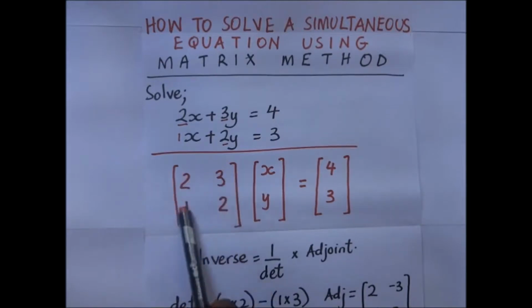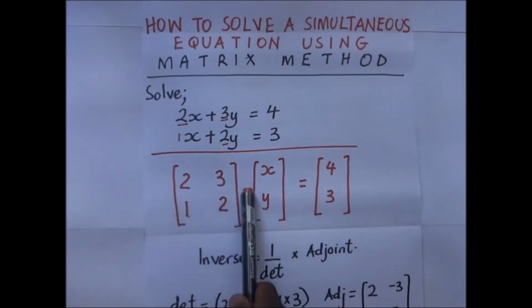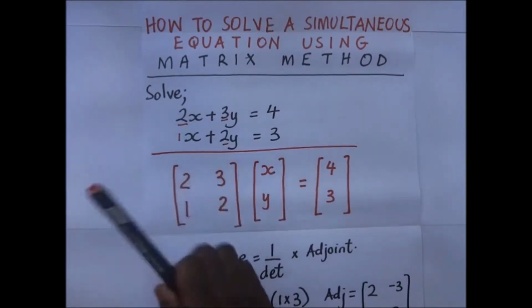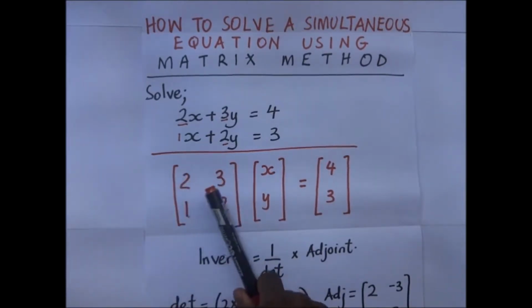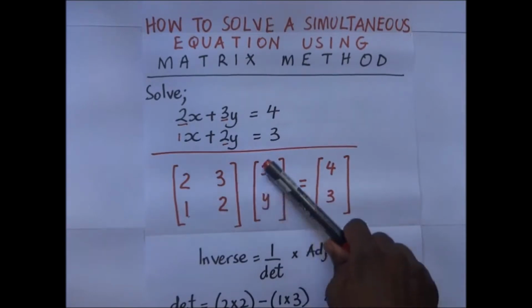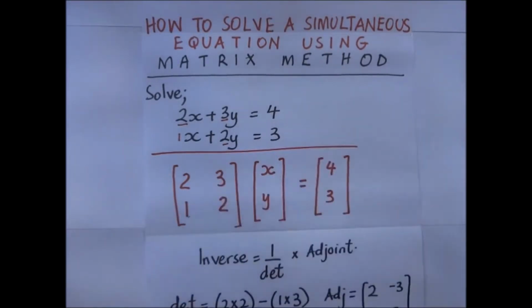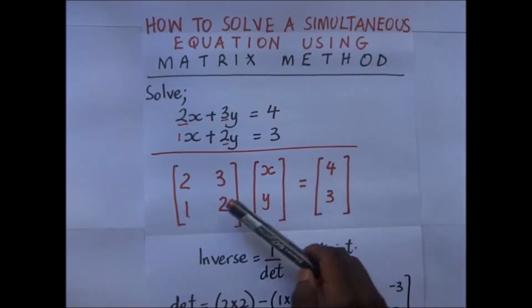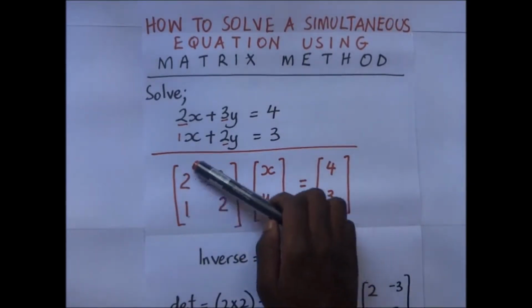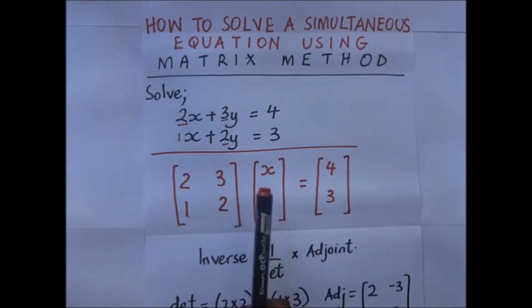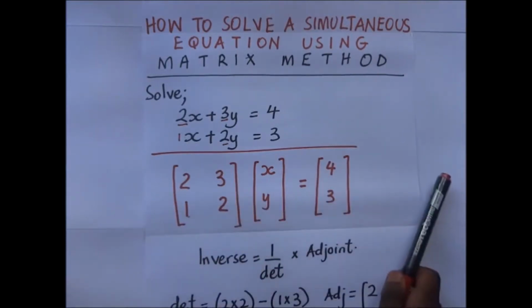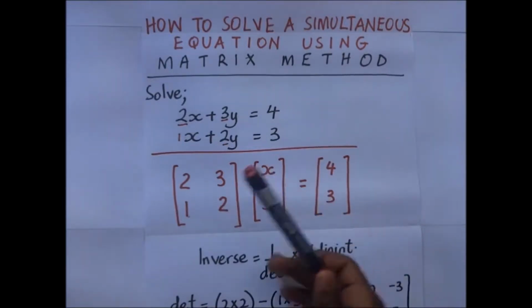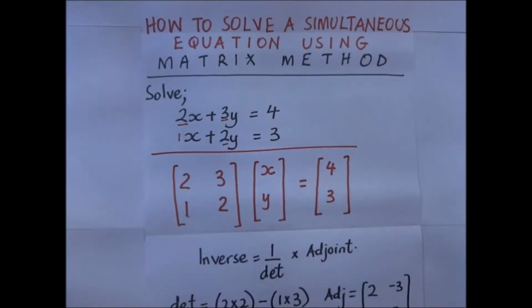When we multiply this matrix by its inverse, we remain with an identity matrix here, so that we're left with x and y on only one side. So we are going to find the inverse of this matrix, and multiply it on both sides of the equation.